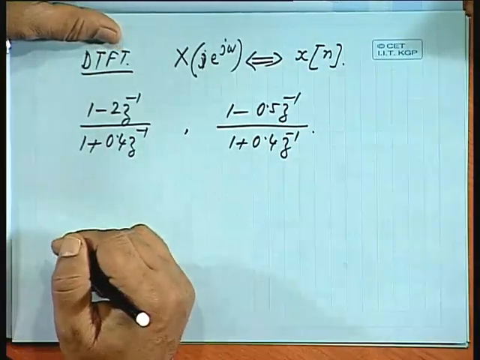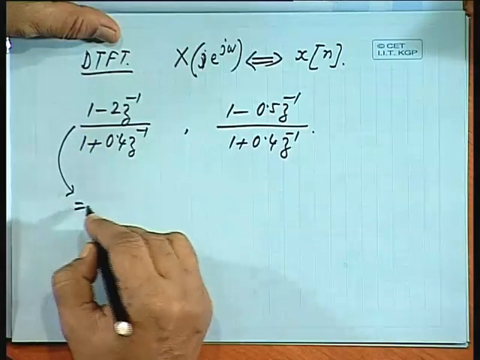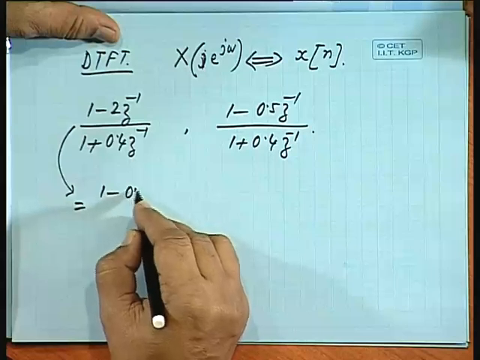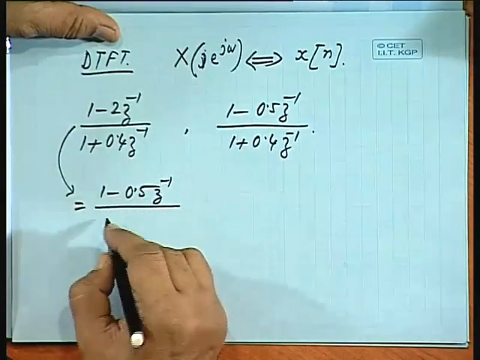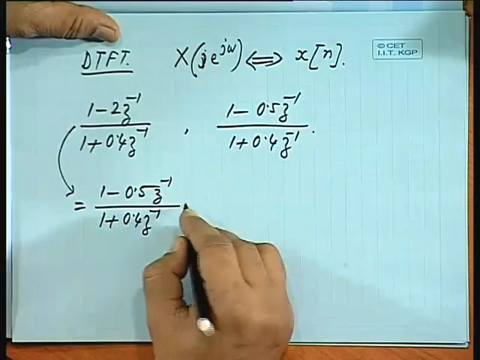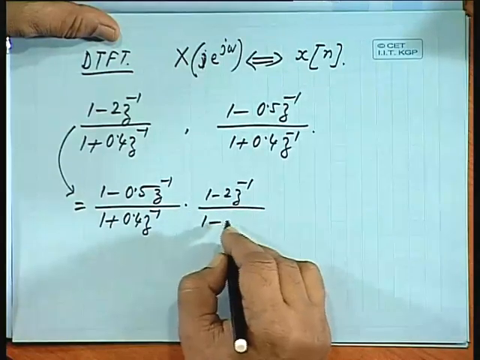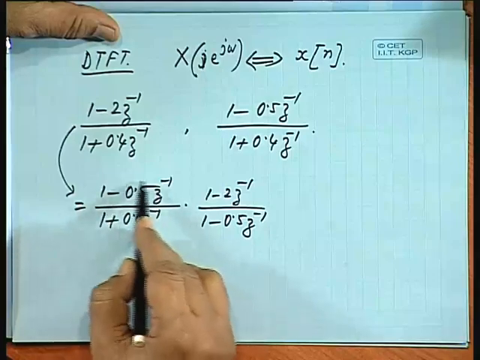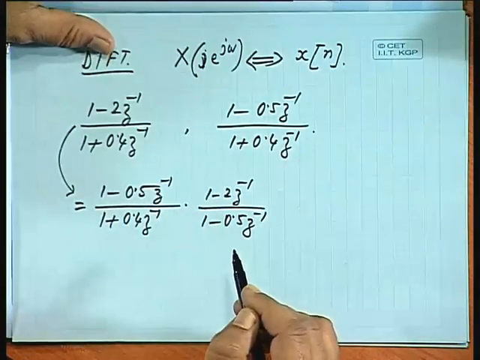Now, this I can write as (1 minus 0.5 z inverse) by (1 plus 0.4 z inverse) into (1 minus 2 z inverse) by (1 minus 0.5 z inverse). I have just multiplied by this factor 1 minus 0.5 z inverse and divided also by the same factor.